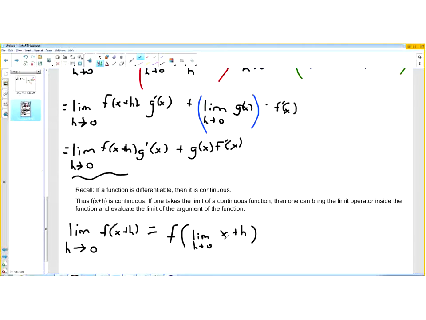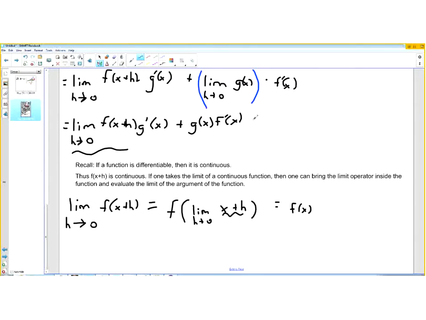Since this is simply a polynomial in h, we can use direct substitution. After making h equal to 0, we have f of x. So now we have a completed statement for the derivative of our product of functions. It is f of x times g prime of x plus g of x times f prime of x.